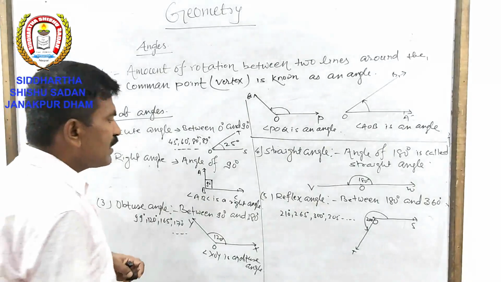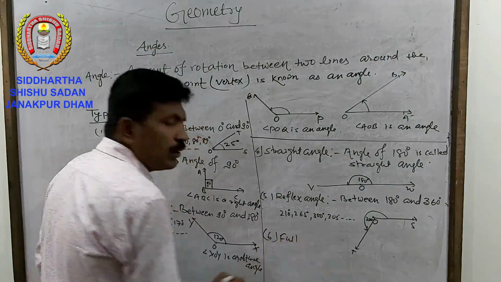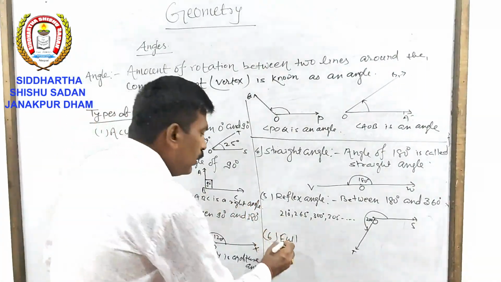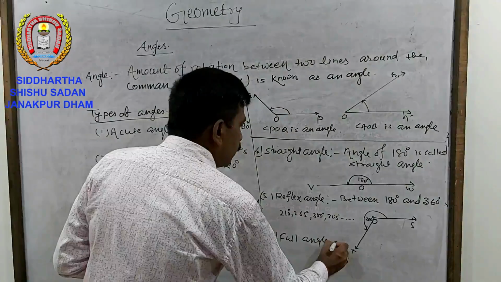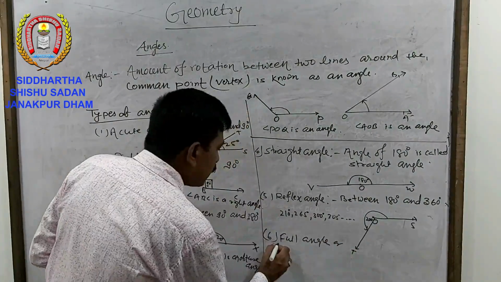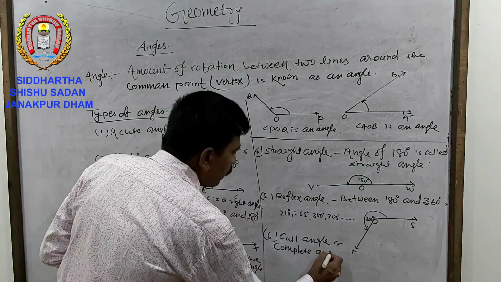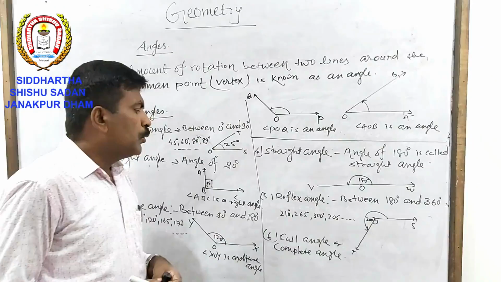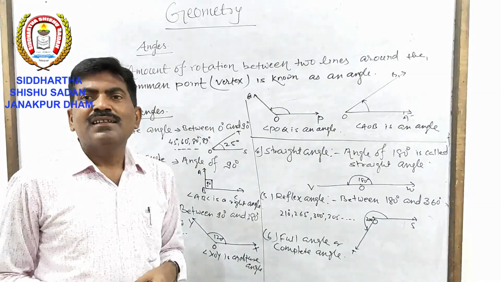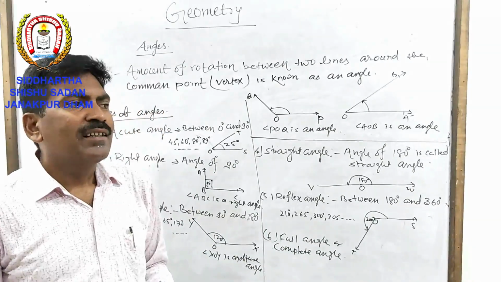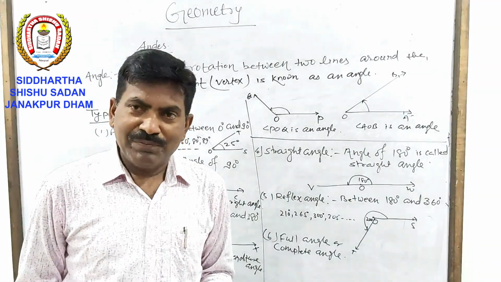So now number 6. Number 6 is full angle or complete angle. Complete means an angle of 360 degree.